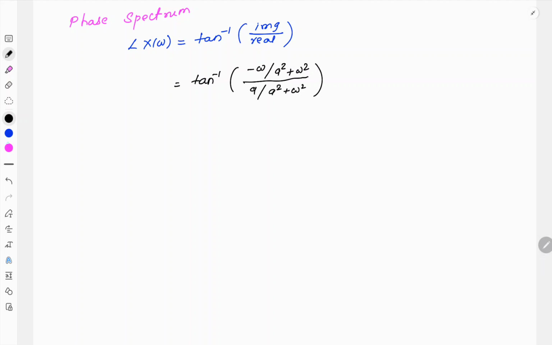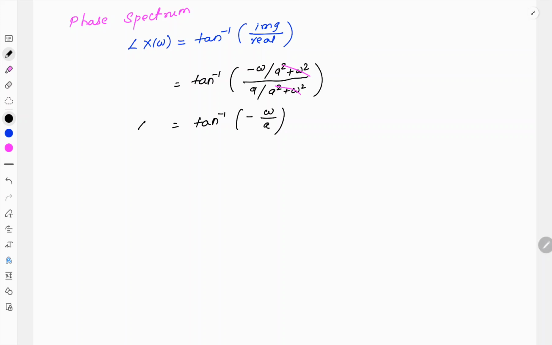So here this a square plus omega square gets cancelled out, and we get the equation as tan inverse of minus omega by a. So again we are supposed to prepare a table and find values of angle of X of omega for different values of omega.